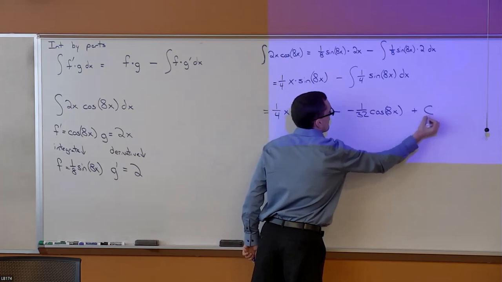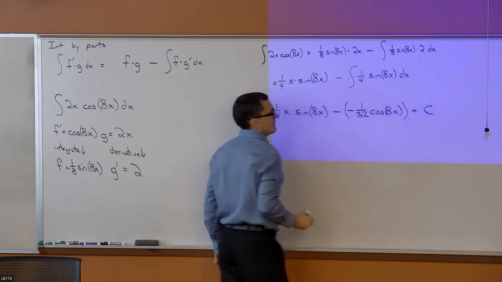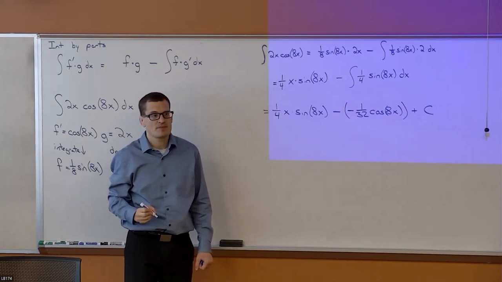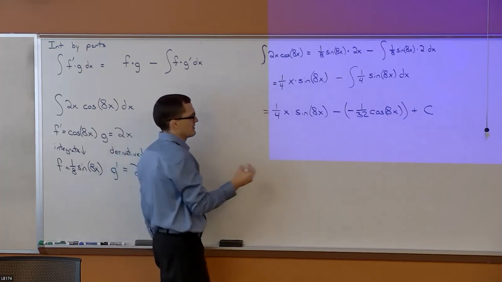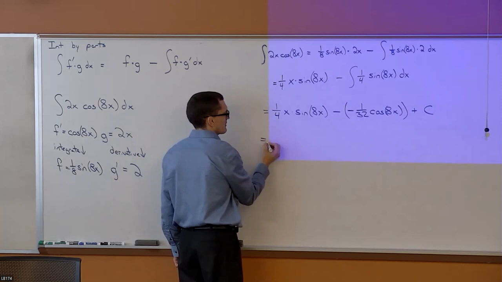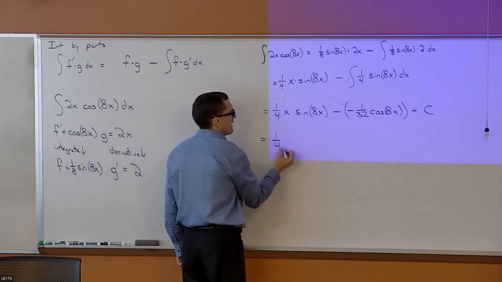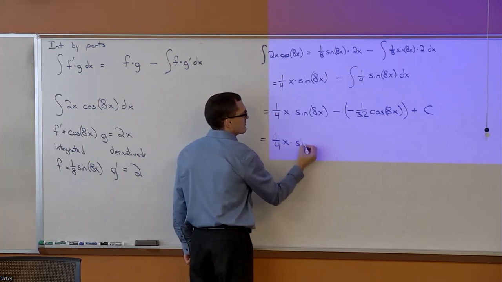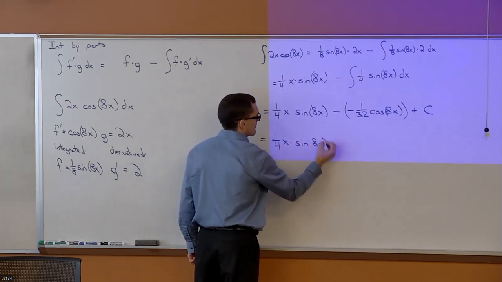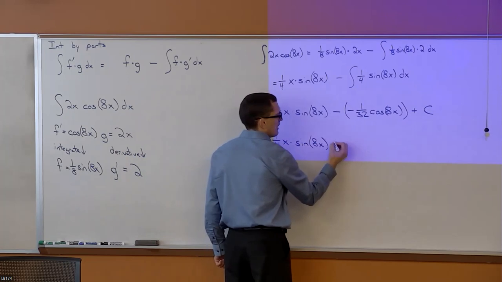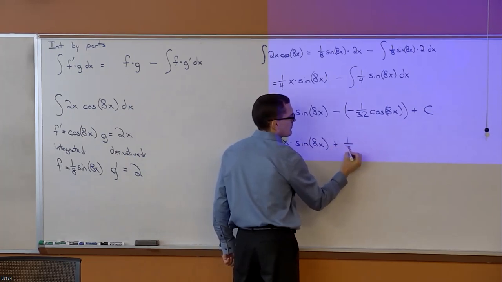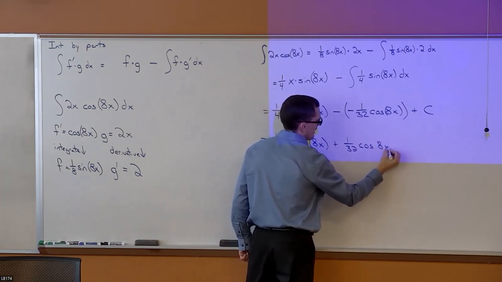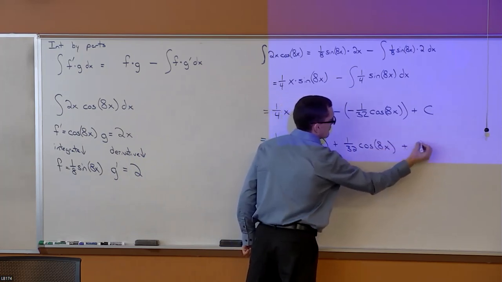Then plus c. Everybody okay with that? Minus a negative, I'll put that as a plus just to make it look a little nicer. So my final answer is 1/4 x sine of 8x plus 1/32 cosine of 8x plus constant.